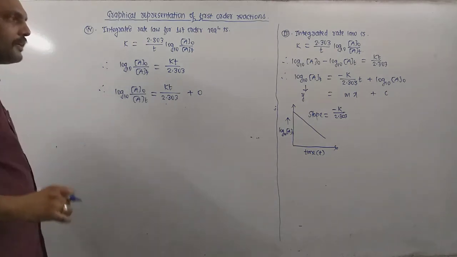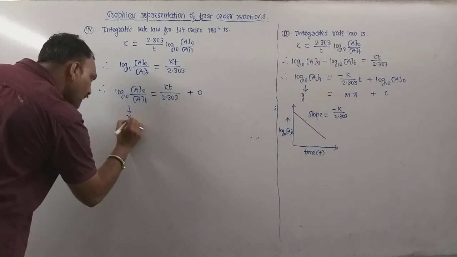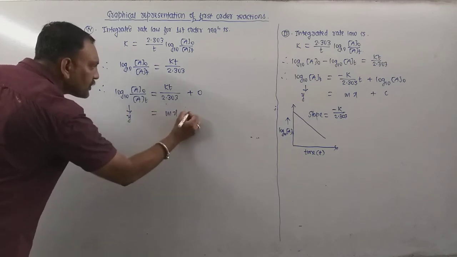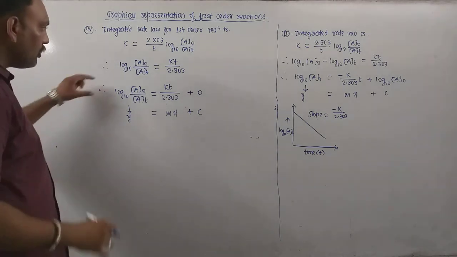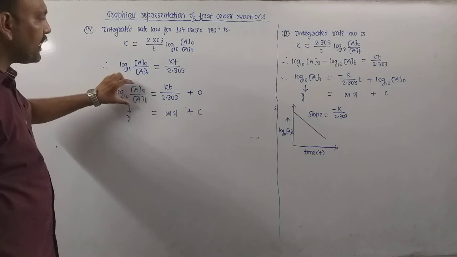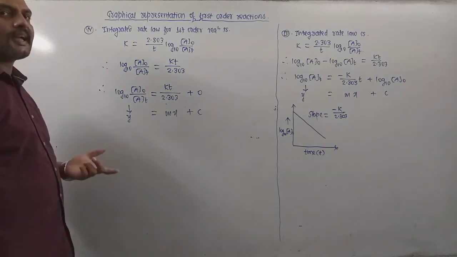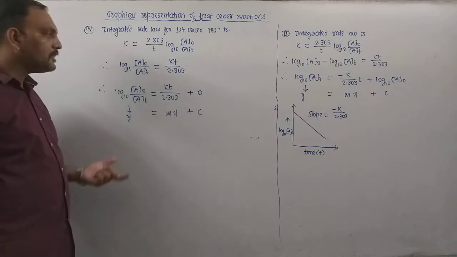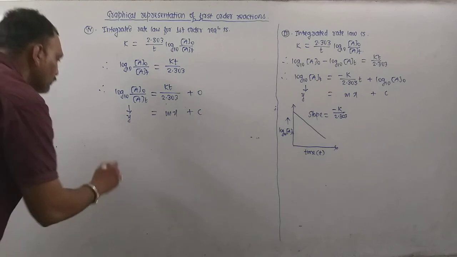Now this equation resembles the linear equation for a straight line, that is y equals mx plus c. When we plot log base 10 concentration of A naught by concentration of A at t against time, a straight line passing through origin is obtained, which has the slope of k by 2.303.